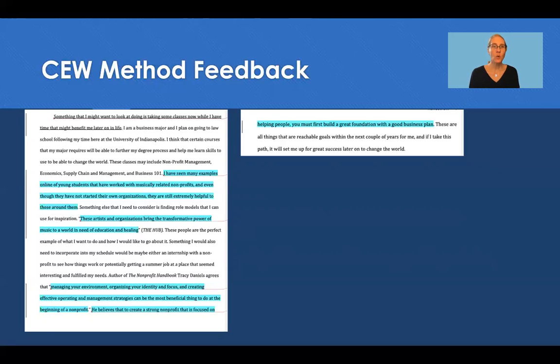I think that certain courses that my major requires will be able to further my degree process and help me learn skills to be able to change the world. These classes may include nonprofit management, economics, supply chain and management, business 101, right? So here we have kind of a presentation of what the person can do.